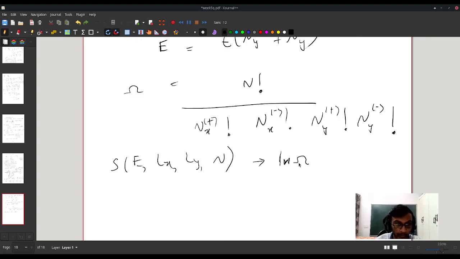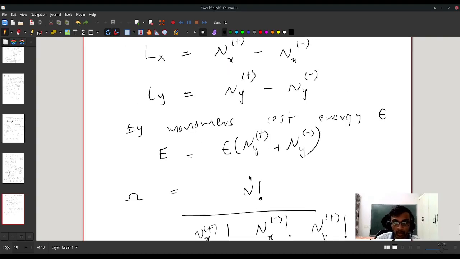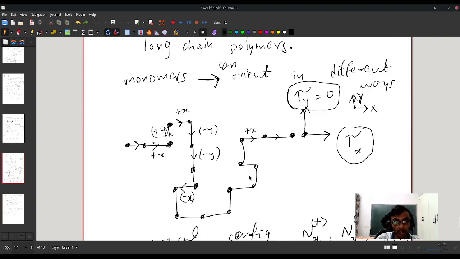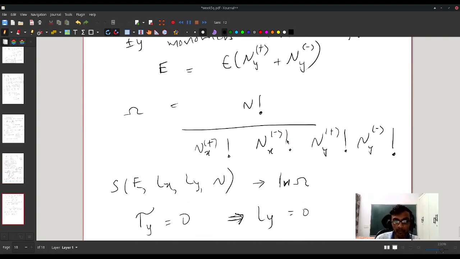Okay, so first of all, setting the tension in the y direction to 0 gives us the condition that Ly is 0. Which just means that the rubber band lies completely, let's say, on the x-axis.